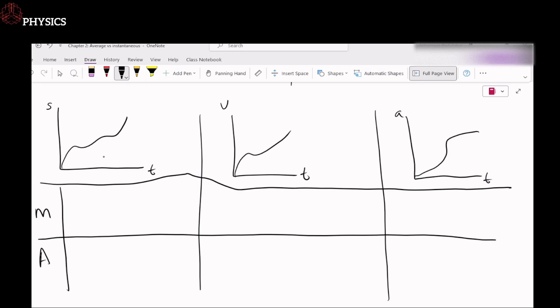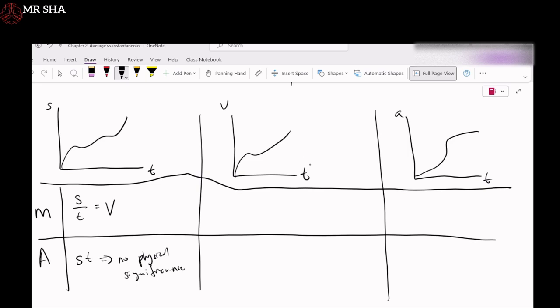The gradient here is simply s over t, which is velocity. Whereas the area under the graph is just st, which has no physical significance, at least not to your level. It doesn't represent anything.